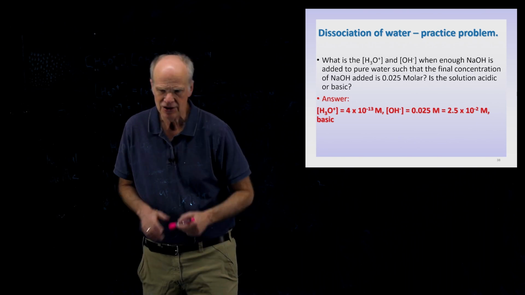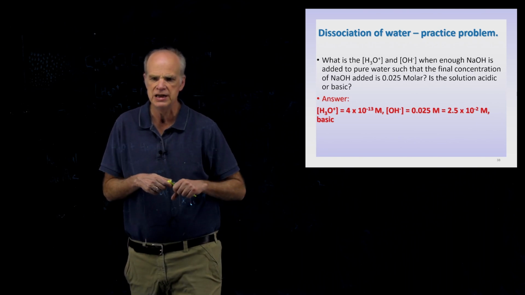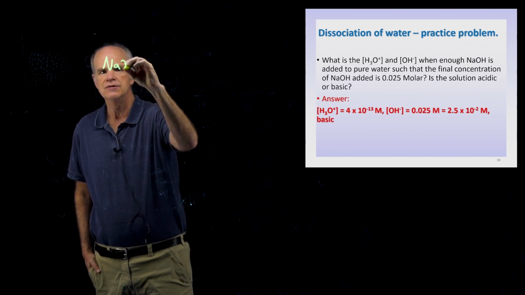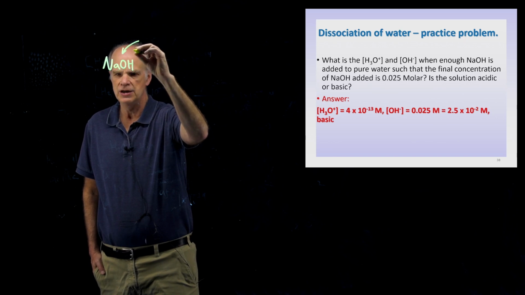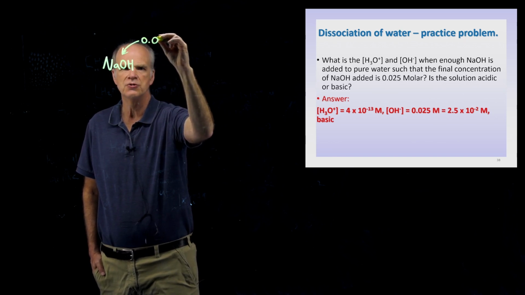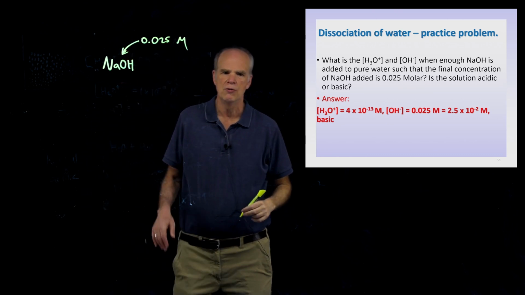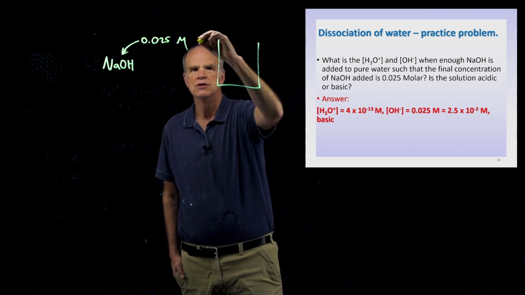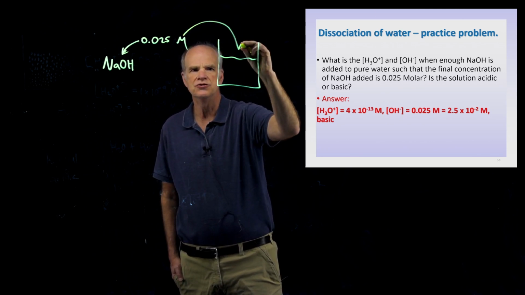Okay, so here is the story. We have sodium hydroxide, and we have it in a beaker of water, and its concentration is 0.025 molar. Imagine here's our beaker of water, and we're throwing this into the water.